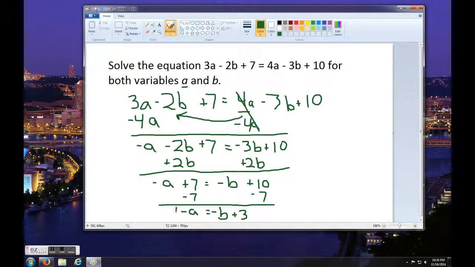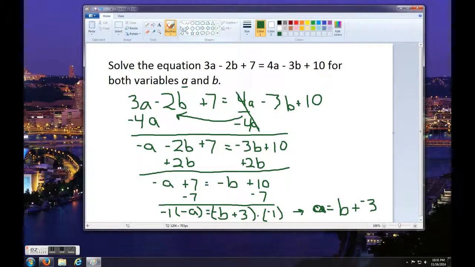If we multiply this side by negative 1, and this side times negative 1, our final answer, I'm running out of room here, is a equals, and we're going to use the distributive property now, negative 1 times b is positive b, and negative 1 times positive 3 is a negative 3. So a equals b plus negative 3. That's how you solve for a.